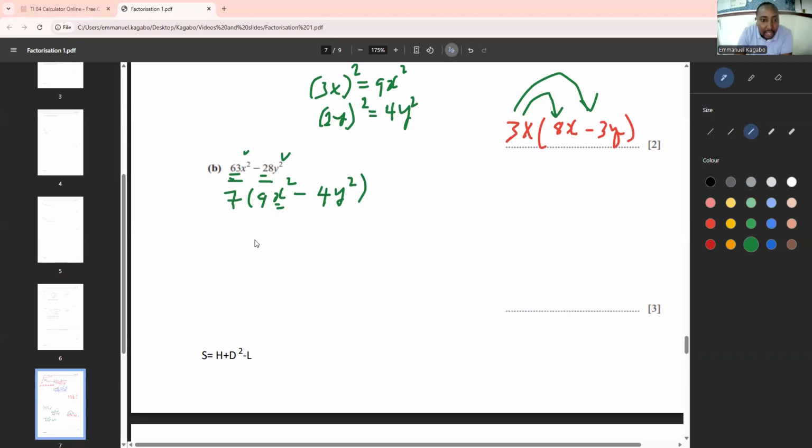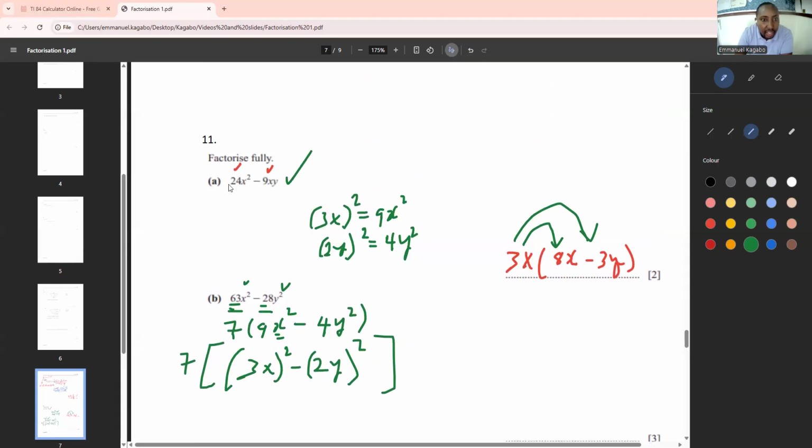Good. Now that means here now I'll get 3x squared minus 2y squared. Now everything I have 7 as that one, right? And check here. They said fully factorize.